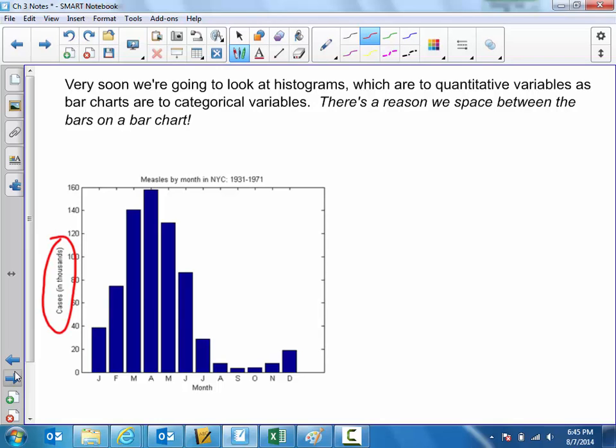We don't have, say, the percent of all measles cases in January in New York City during that range. We know that according to the height of that bar, we're looking at almost 40,000 cases of measles during January in that 40-year window. Okay, now the last sentence here says something that's important. There's a reason we space between the bars in a bar chart.